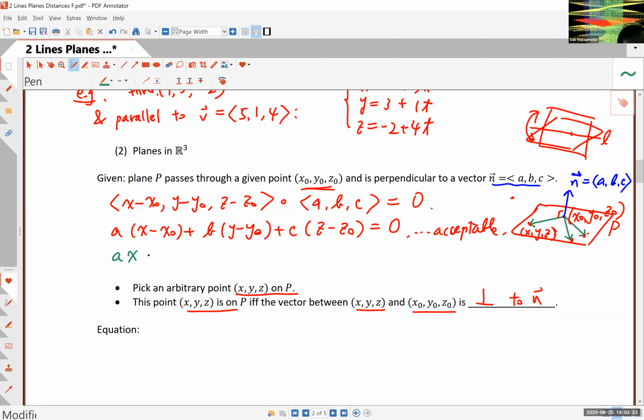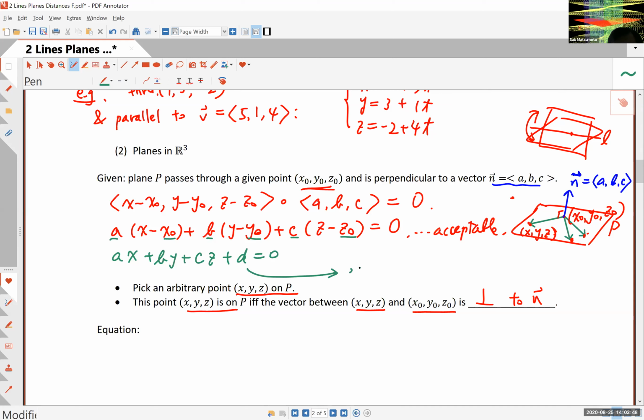Typically though, I sort of like this one as well, because these are constants, right? All of these are constants. So you can do ax plus by plus cz, and then you can just put all of these other things together. Negative a x naught minus b y naught minus c z naught can be described as some constant d, is equal to 0.